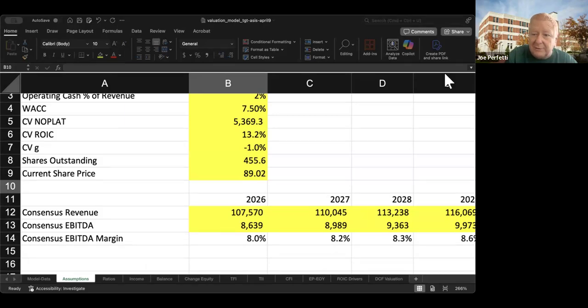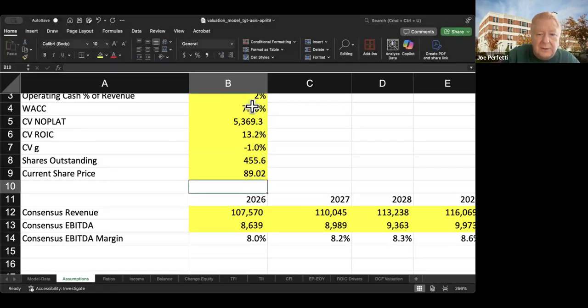So this is my WACC as of April 9th. 7.8% versus 7.5. Share price we've updated there. See if the EEO has changed.